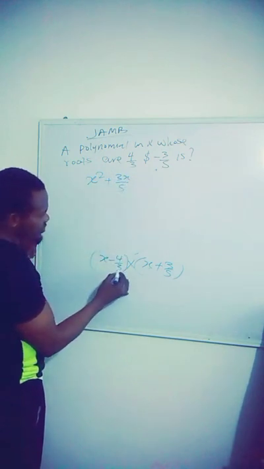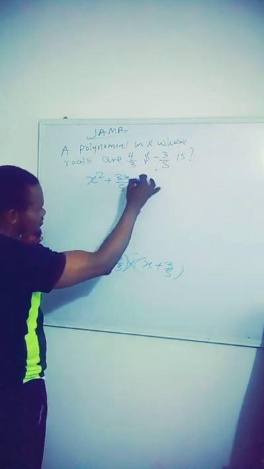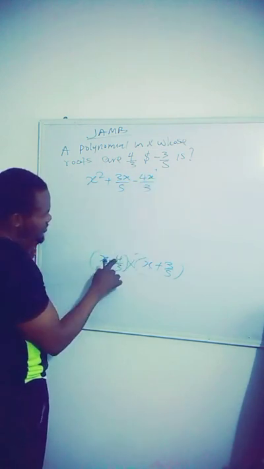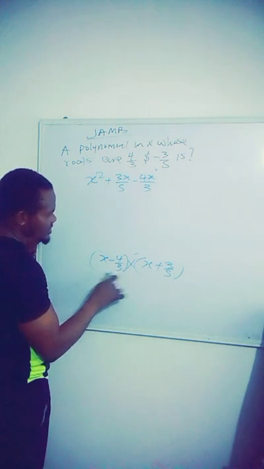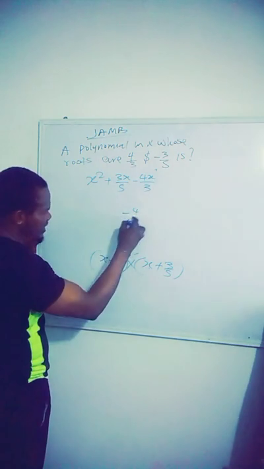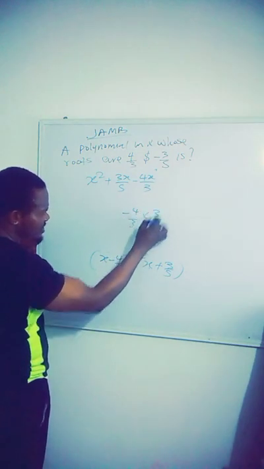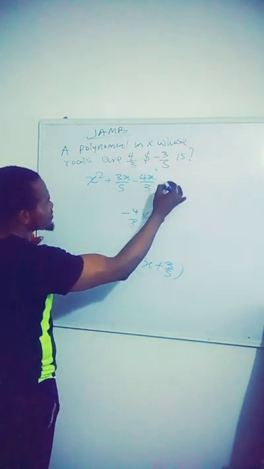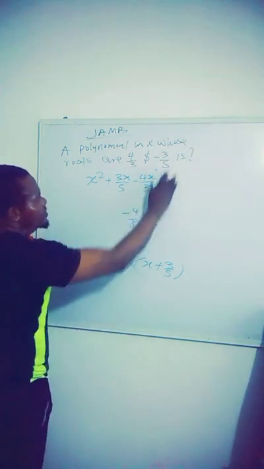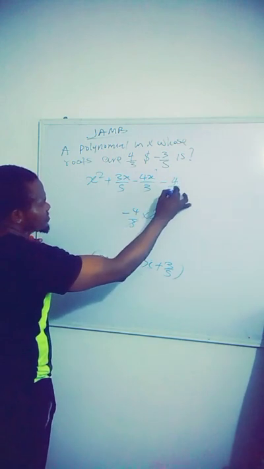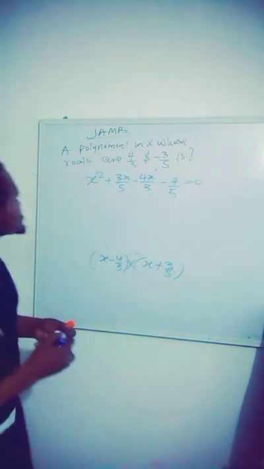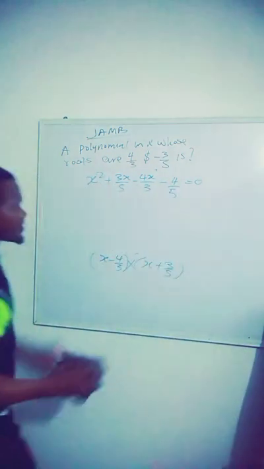Then minus 4 over 3 times s, you have minus 4s over 3. Then minus 4 over 3 times 3 over 5: the 3 cancels the 3, and we are left with minus 4 over 5, equals 0. I hope you get it.